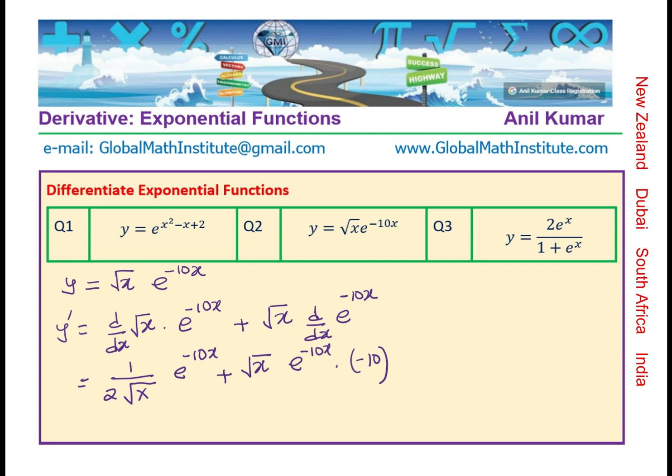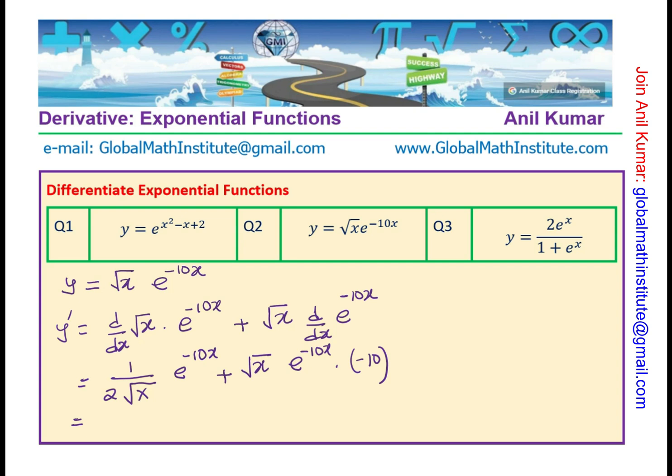Now we'll try to simplify this since we have e to the power of minus 10x as common in both of them. So you can rewrite this as: e to the power of minus 10x can come in the denominator.